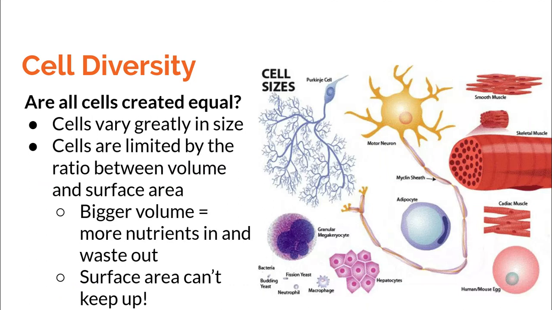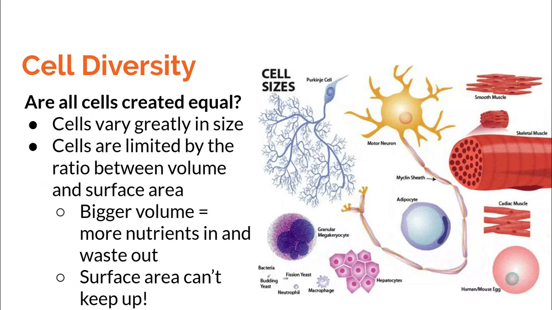Another thing that we can compare and contrast with different types of cells are their sizes. So cells can vary greatly in size, but in terms of how big a cell can grow, there are limits. So there is a reason why we don't see 10-pound bacteria crawling around on the floor.